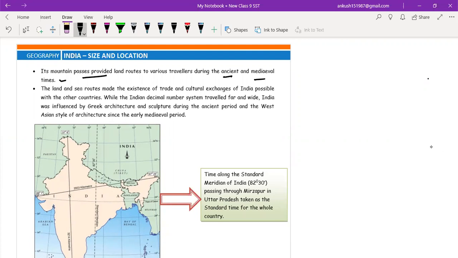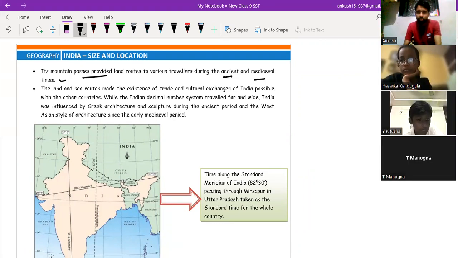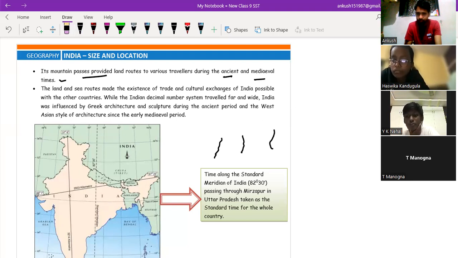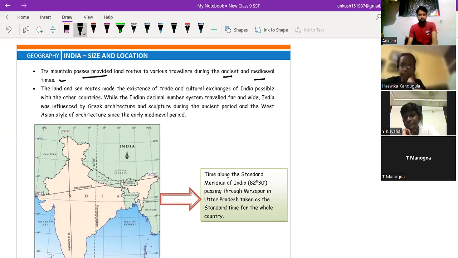What does pass mean? Those roads will go from here, a mountain or forest. The way they find from here, that is called a pass. Got it? Okay, sir. So in ancient time it was used to connect with other countries.